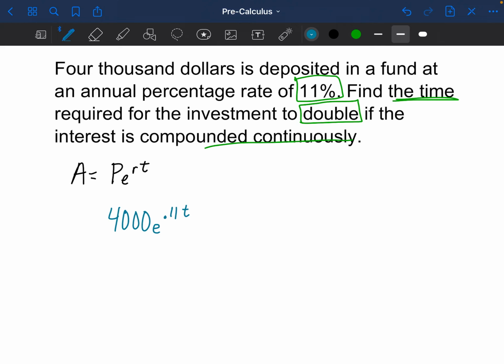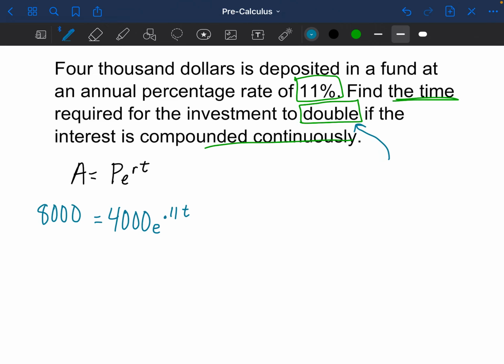Since we're solving for time, we need to make sure we keep this as an equation, right? Because we're going to use A. But looking at this, we don't necessarily know what's in our account. So we have to use those hidden clue words. We look at this, double. Well, if what's in our account has doubled, that means instead of $4,000, we now have $8,000. So initial goes next to the e.